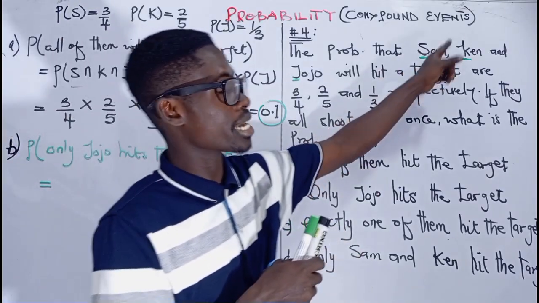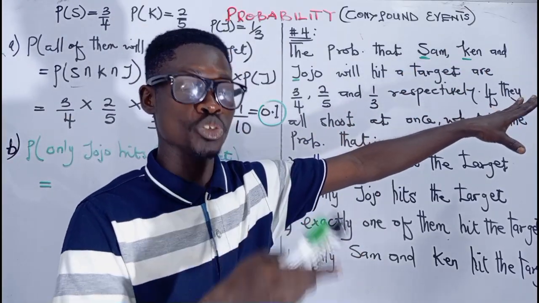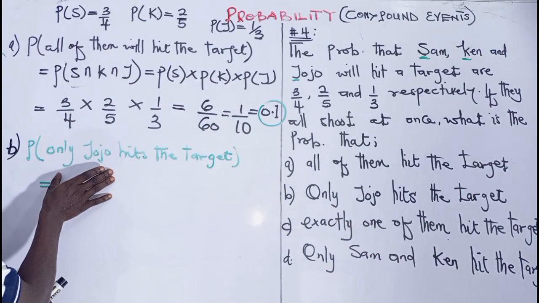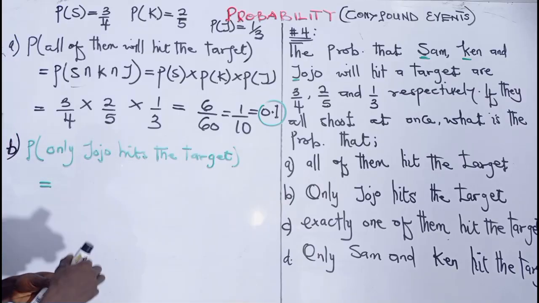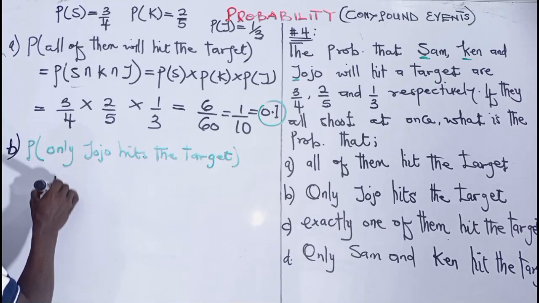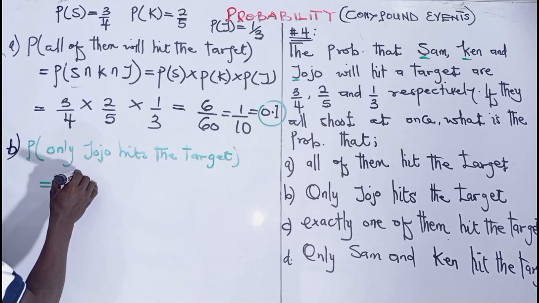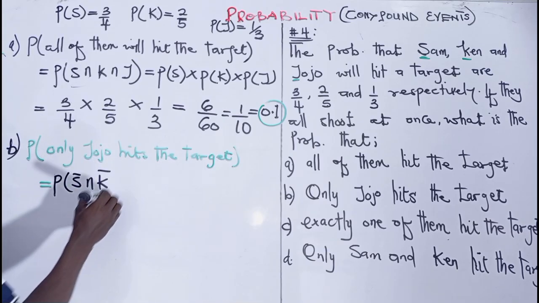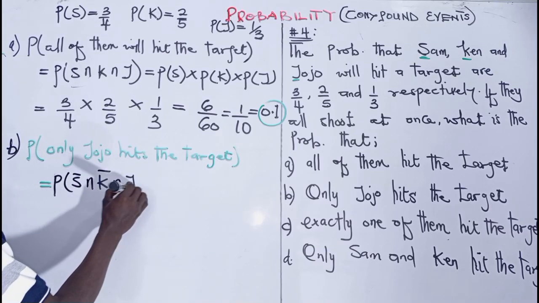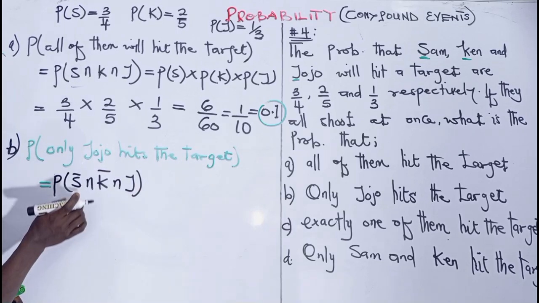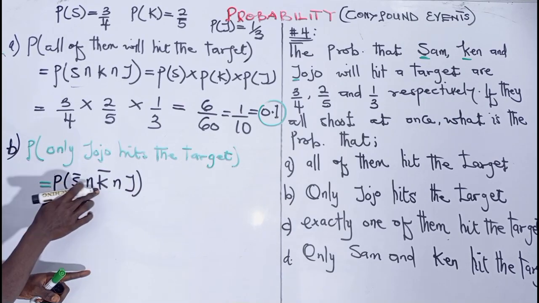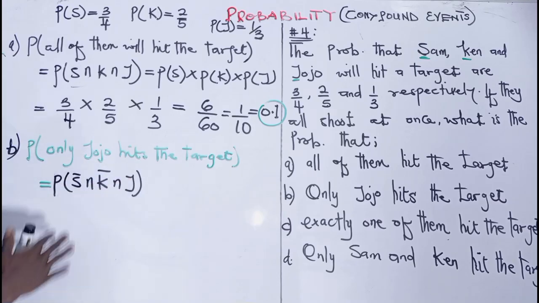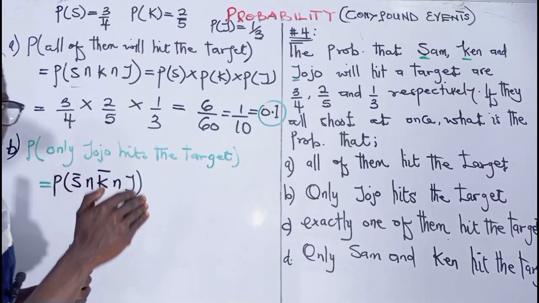So Sam and Ken will miss the target, and Jojo will hit the target, and that is going to give us only Jojo hitting the target.